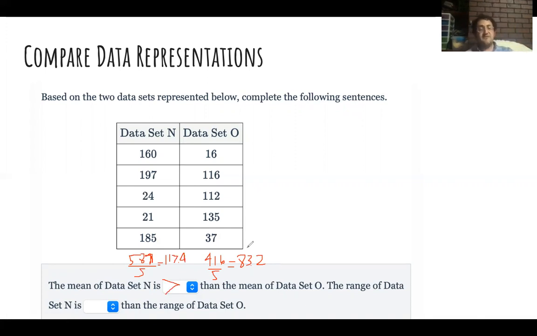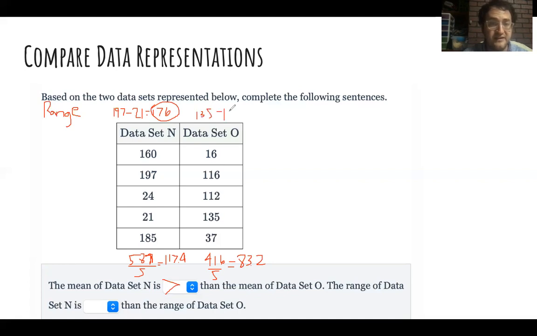And then we can also look at the range as well. So this is 197 minus 21. So that's 176. Versus on data set O, we have 135 minus 16.